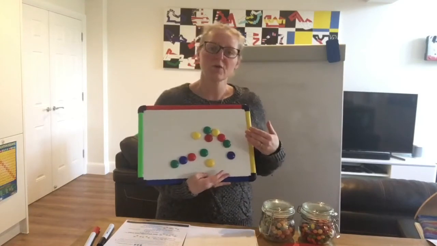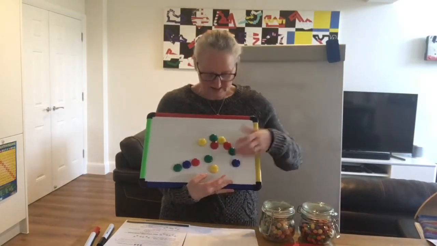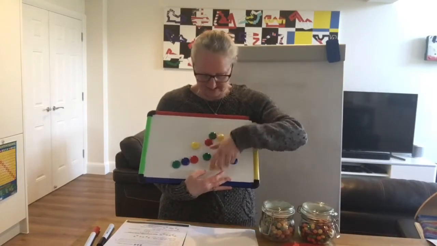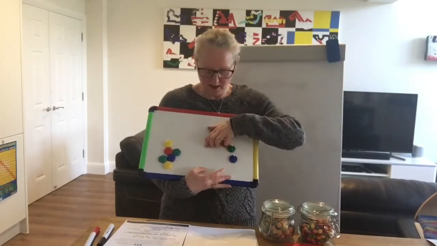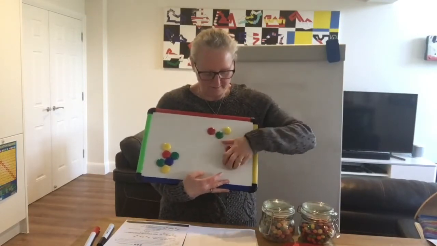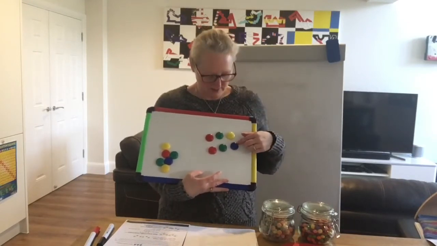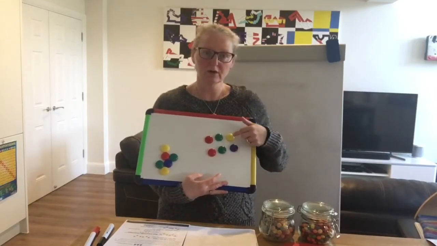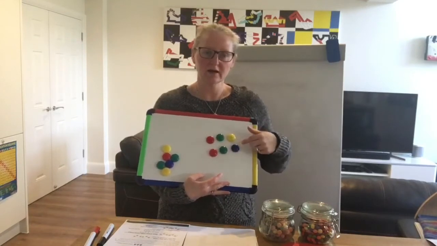Okay? So what we do then is we learn to group and count. So if I were doing this, so I'm going to take it back to, I have 6. So if I were doing this and I had this amount, what I might be inclined to do is group it like this. So suddenly I have got 1, 2, 3, 4, 5, 6. I've got 2, 4, 6, or 3, 6.